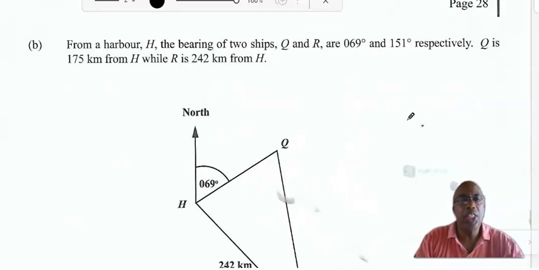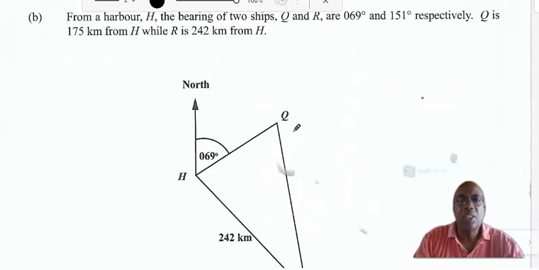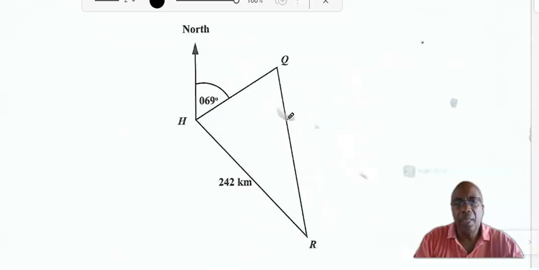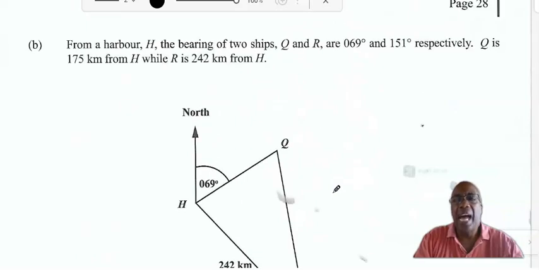This question is a trigonometry question, and it reads: from a harbor H, so we refer to the diagram, and this is H here. The bearing of two ships, Q and R, down here, are 069 degrees and 151 degrees respectively.